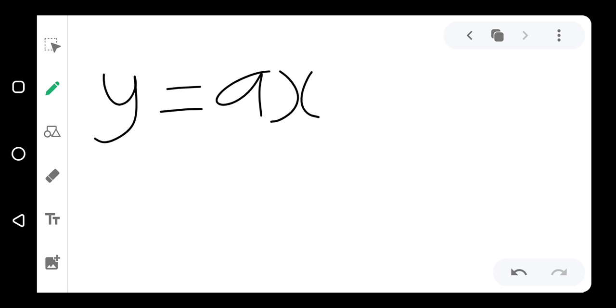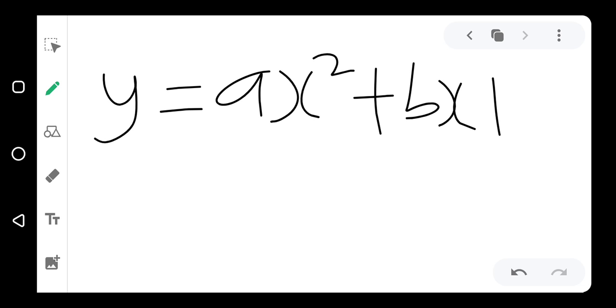All right, now the last one, we have y equals ax raised to power 2 plus bx plus c.